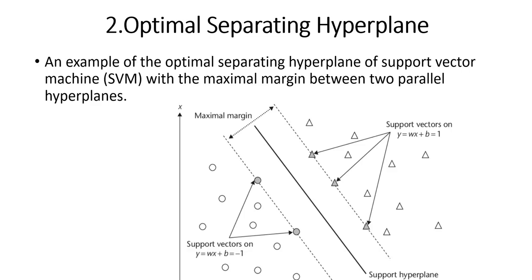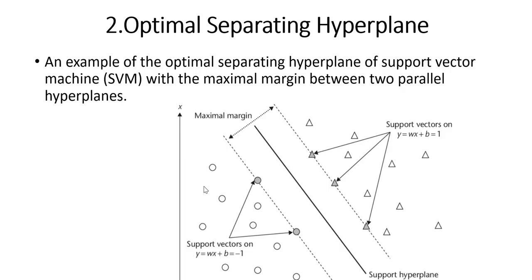But there is a problem. There can be many different lines that can separate the two classes correctly. So how do we select the best one? That is where the concept of maximum margin comes in. So look carefully at this diagram.